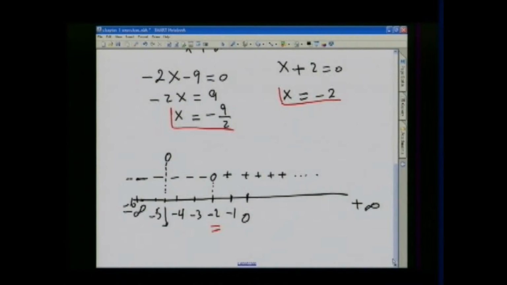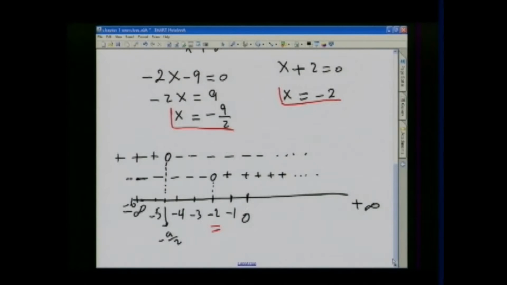Down here, of course, is minus 9/2. For any value less than minus 9/2, the numerator would be positive. For anything above minus 9/2, it would be negative.